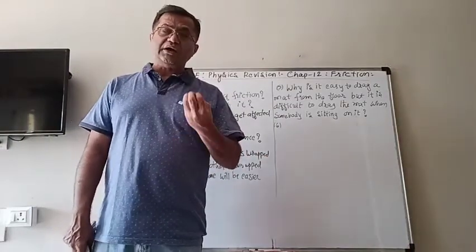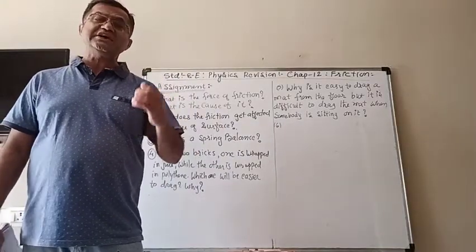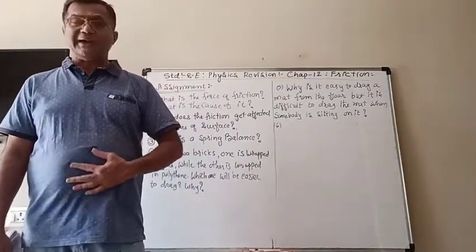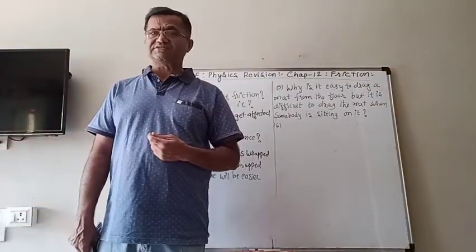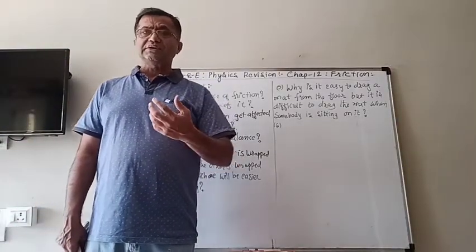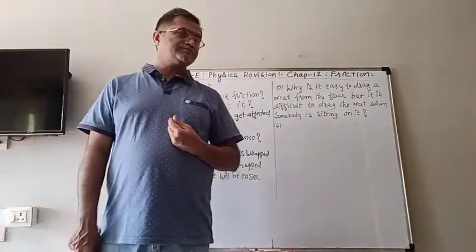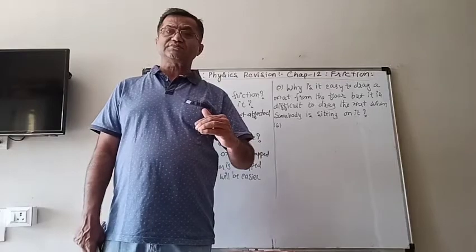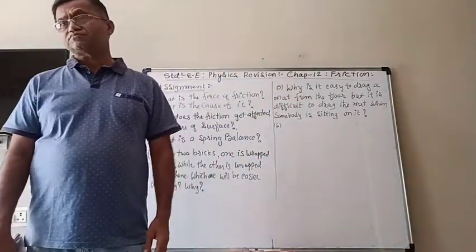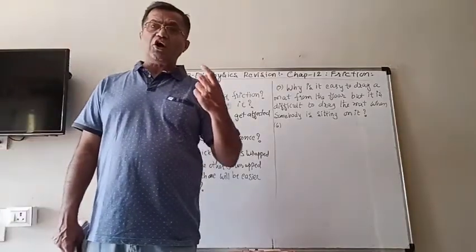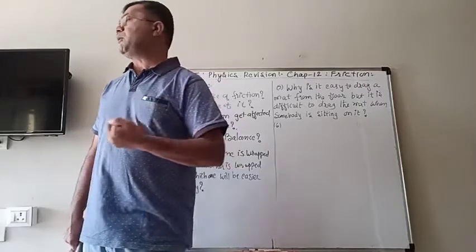Obviously, the brick wrapped with polythene will be easier to drag with the spring balance, because the smooth surface exerts less force of friction, while the rough surface causes more force of friction. So the nature of the surface is the most important factor.